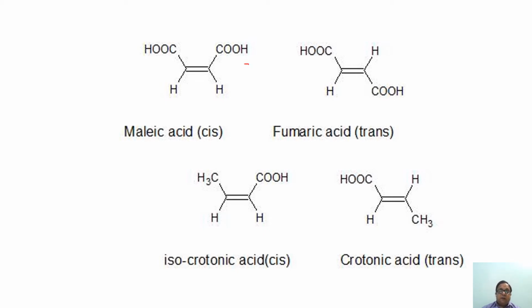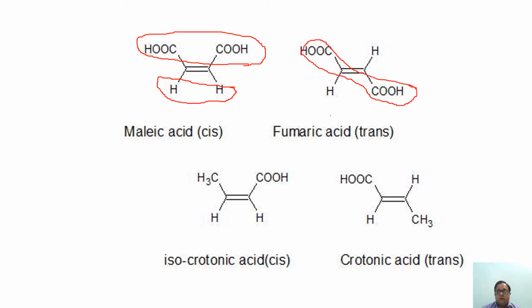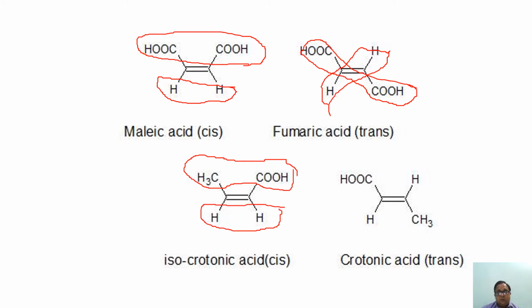Why? Because maleic acid has the carboxylic acid groups on one side and the hydrogens on the other side. Similarly, fumaric acid has the carboxylic acid groups on alternate positions, and the hydrogen atoms again in alternate positions. Now if you look at crotonic acid, isocrotonic acid and transcrotonic acid, it is the same: in cis, the methyl group and carboxyl group are on one side and both hydrogens are on the same side.